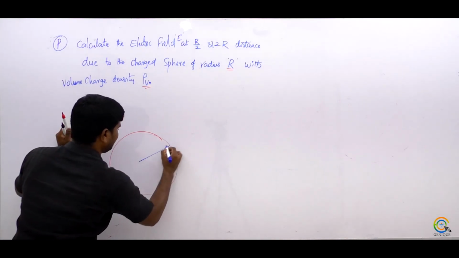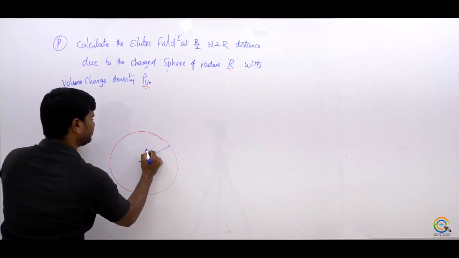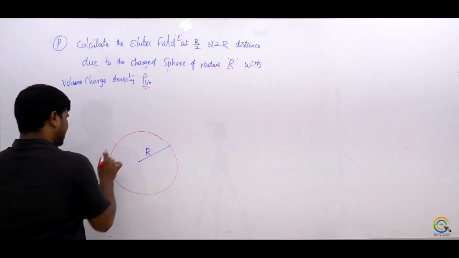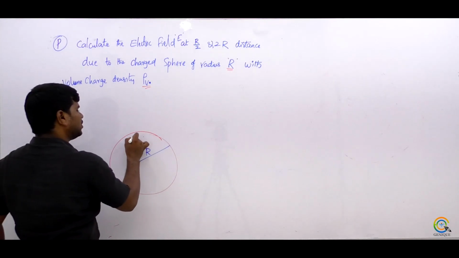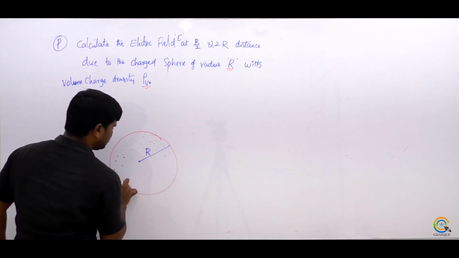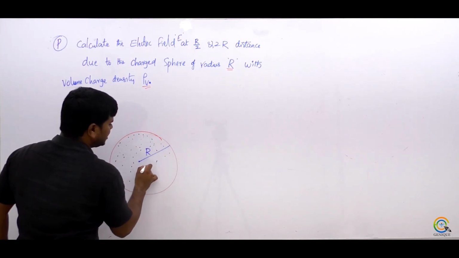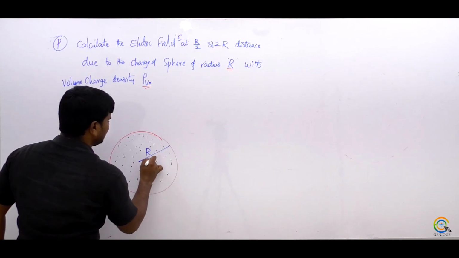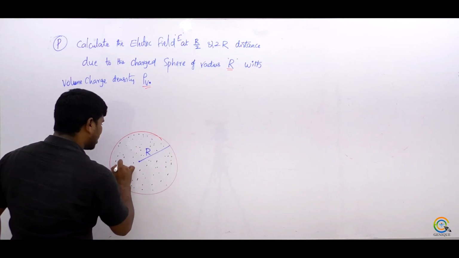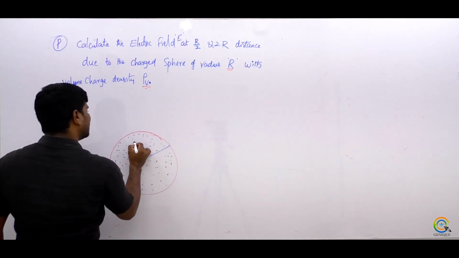Let us suppose this is the center, with radius capital R. It is a sphere, and it is full of charged particles, because it has a volume charge density of rho v. The figure is not given, okay, so it has a volume charge density rho v.